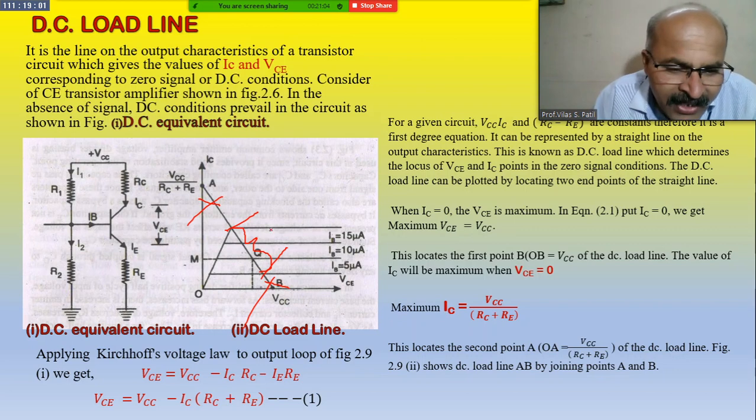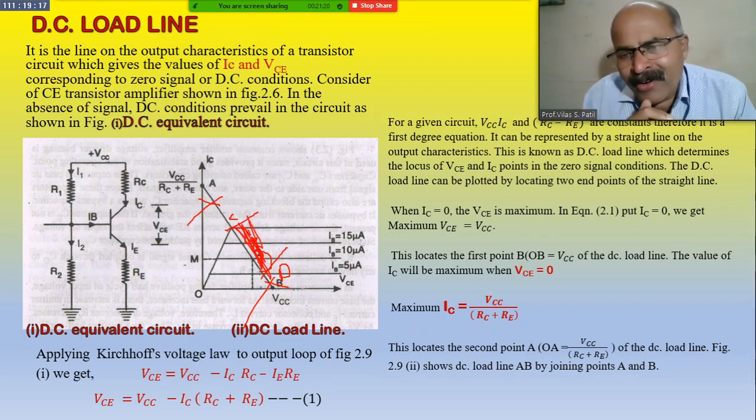Let me take this point as point C and this point as point D. Then between C and D, in this region, the transistor acts as an amplifier.